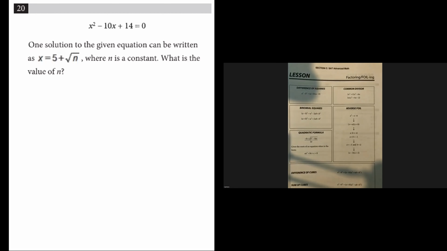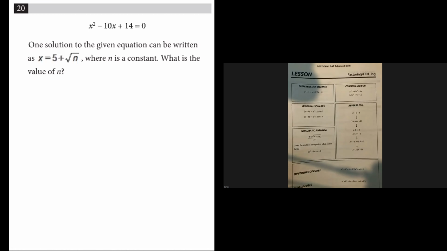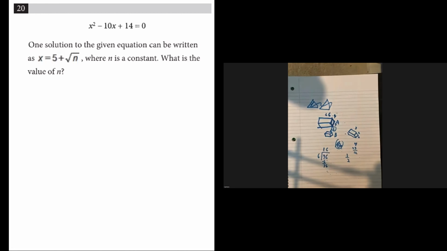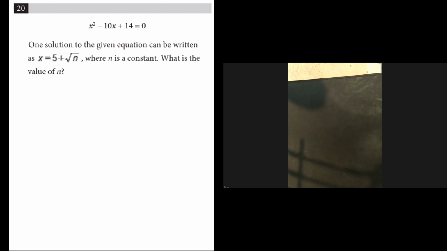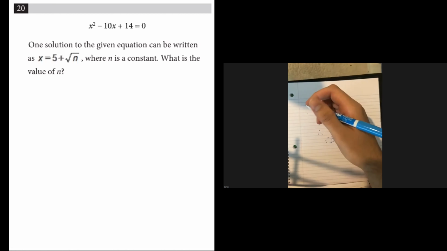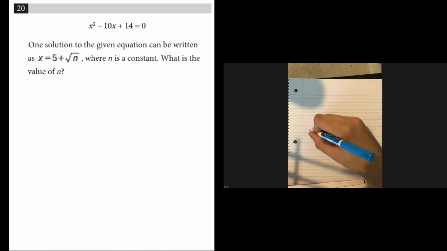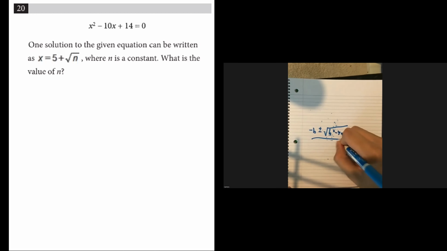Okay, and so for this one, we're essentially just asked to use the quadratic formula, or at least that's the only way you'd get 5 plus square root of a number. So the quadratic formula is negative b plus or minus square root of b squared minus 4ac all over 2a.